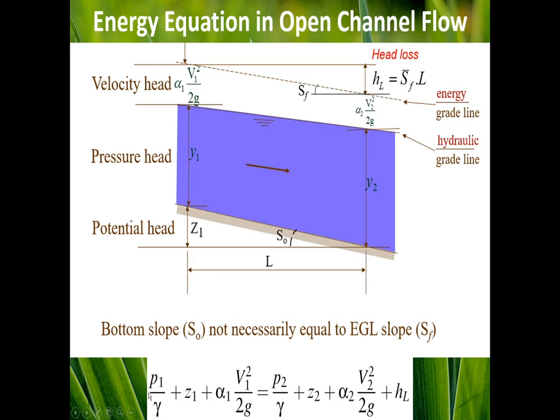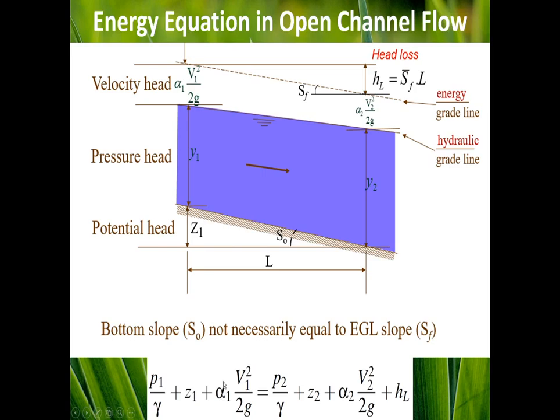P over gamma is the pressure head, shows how much water is above the point or above the section in case of pipeline flow. And also we have a velocity head, which is equal to v square over 2g.